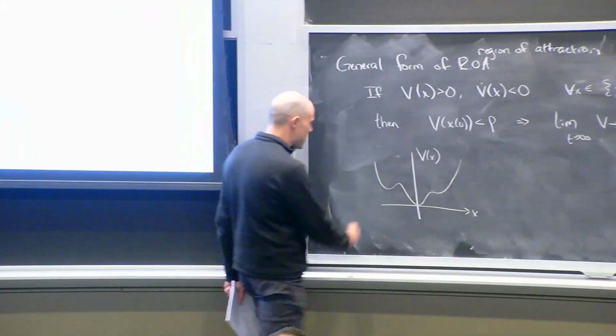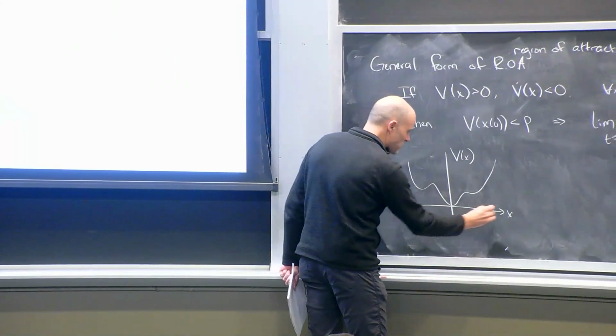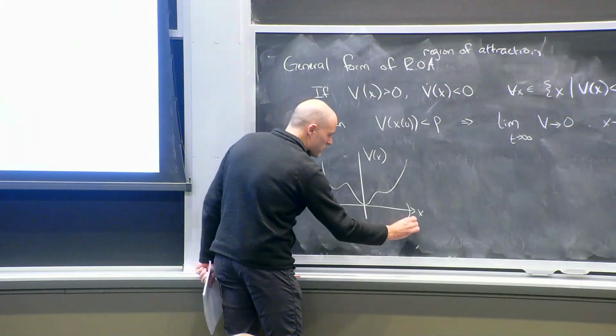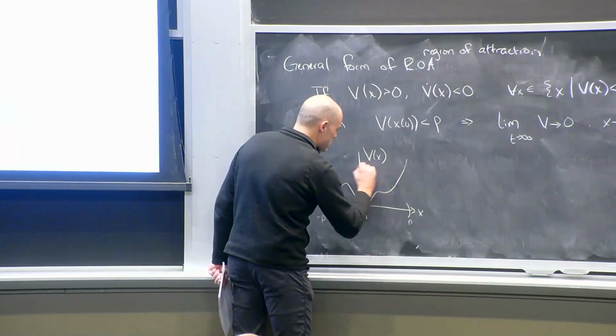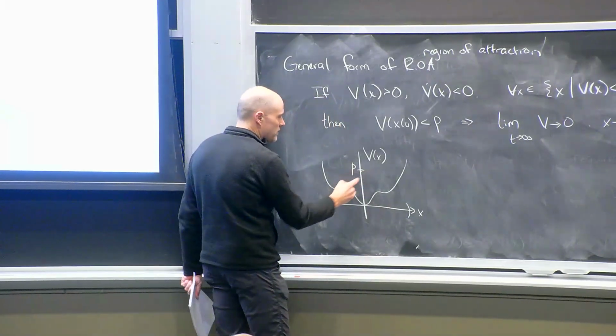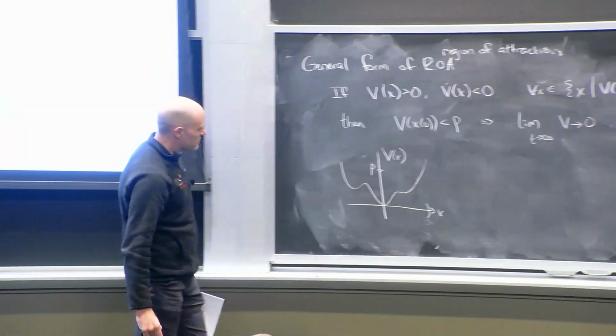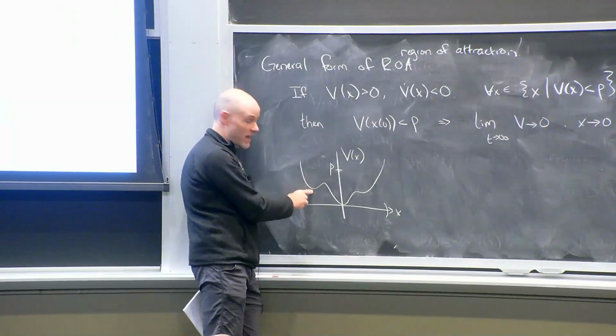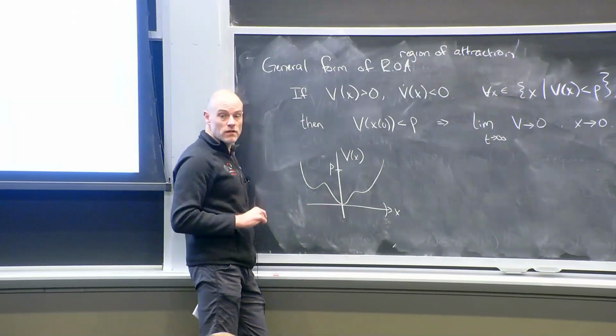Then I could have, and if I found something that was, for all rho, let's say, this. What's preventing me from getting stuck here? I'm saying I'm not converging asymptotically to there.